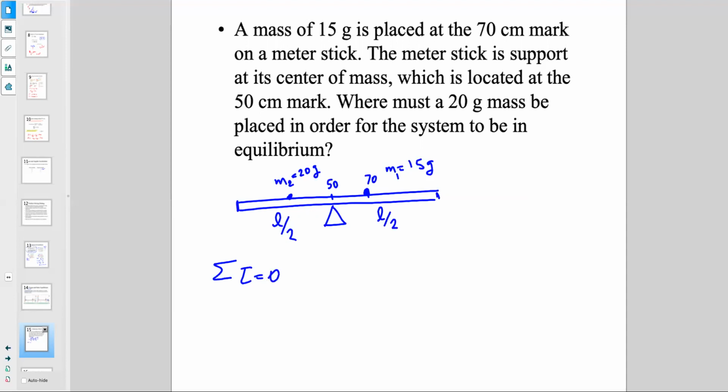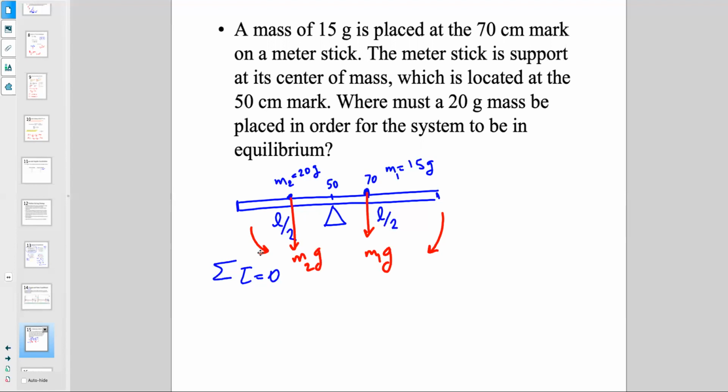I have m1g down, which is causing this system to rotate clockwise, and another one, m2g, which is causing the system to rotate counterclockwise. In order to have equilibrium, the total torque should be 0.